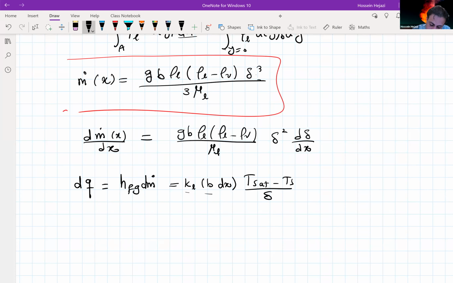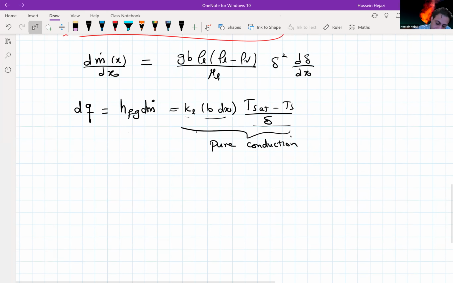Remember, this is k times area, and this one is the area for the heat transfer for that small element, and this is delta T over L. So this is pure conduction that we are assuming. So this is going to be the dq that is happening here.